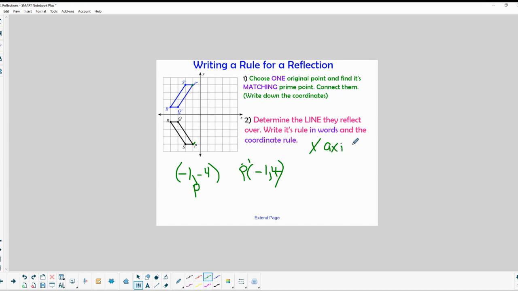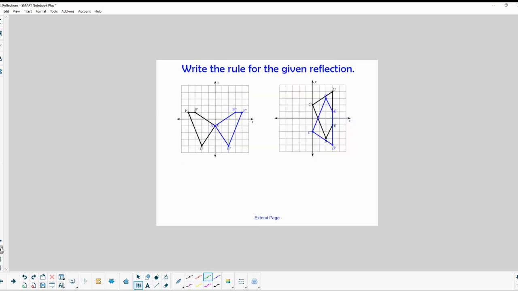Okay, so we're just kind of using the two little rules that we've already learned today. Okay, write a rule for the given reflection. So this one reflected over the y-axis. So you'll remember that for the rule for going across the y-axis, the x values become their opposite. Y values stay the same. Okay. All right, on this one, we're reflecting it across the x-axis.